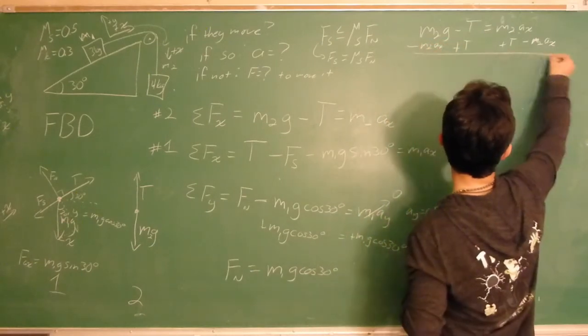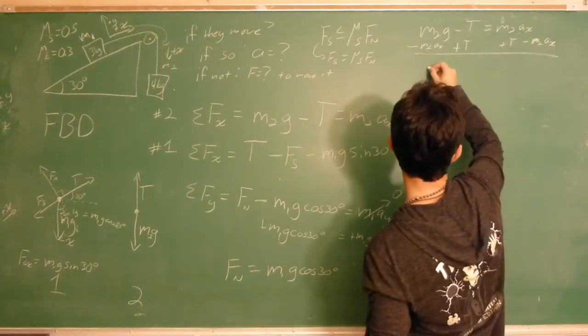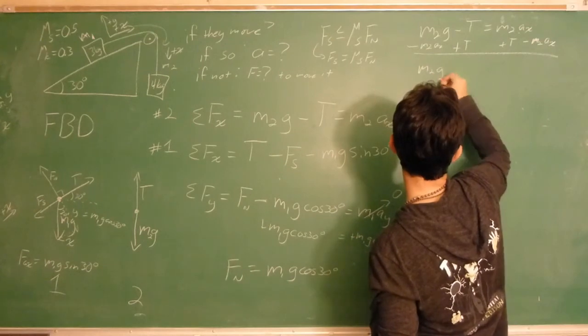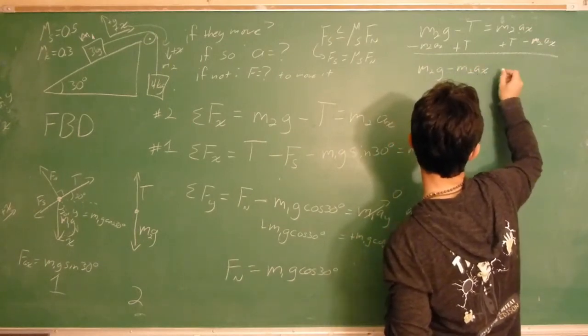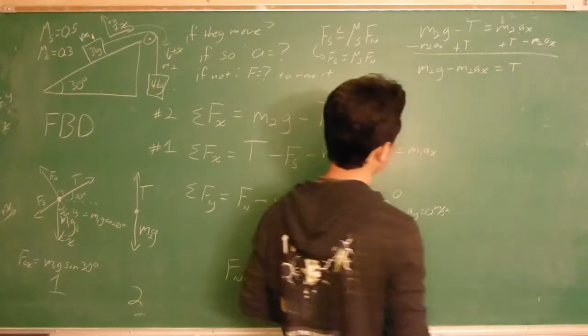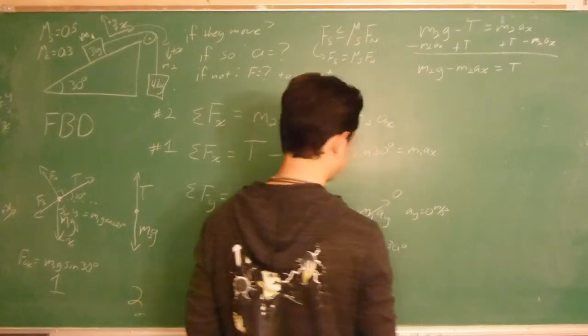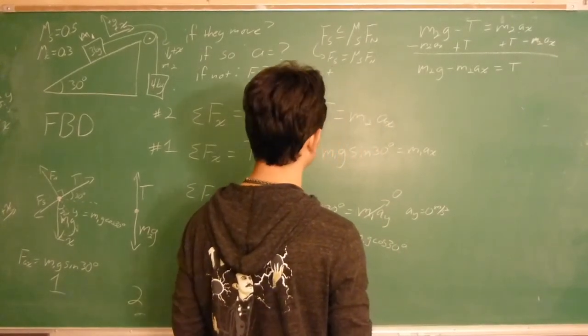Okay? So when I do that, I'm basically adding this over here and subtracting this over here. I end up with mass 2 times gravity minus mass 2 times acceleration in the x equals my tension. Okay? So, we've got a replacement for our tension.